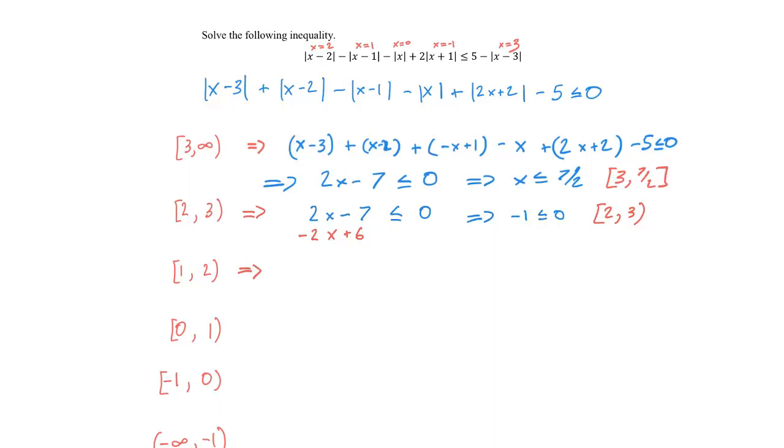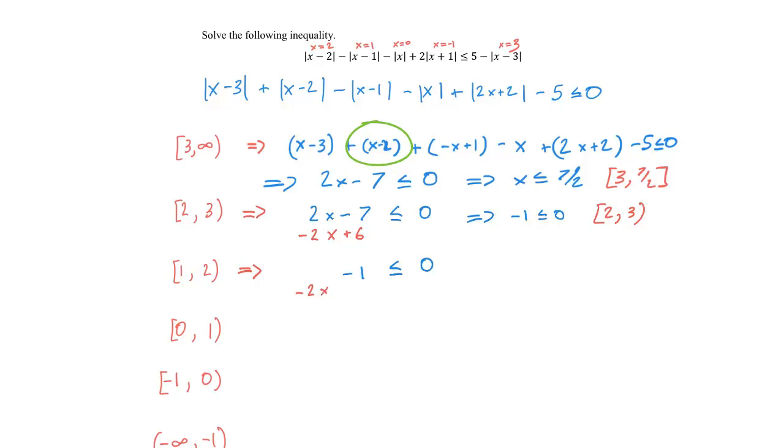So for our next interval, we'll do the same thing, collect what we have above. So we have minus 1 is less than or equal to 0. And think about the change. Now, x has changed to minus x. So again, we're going minus 2 in the x direction.